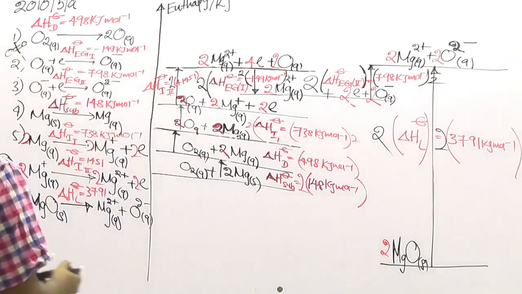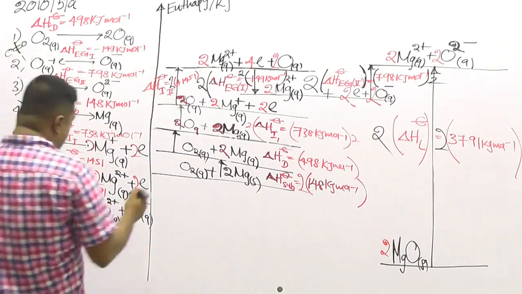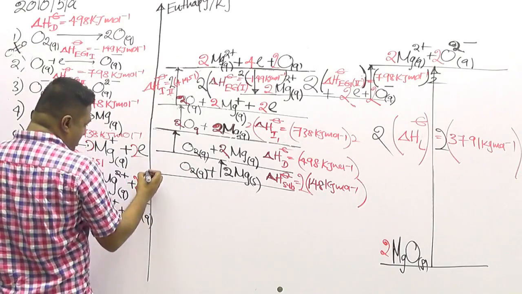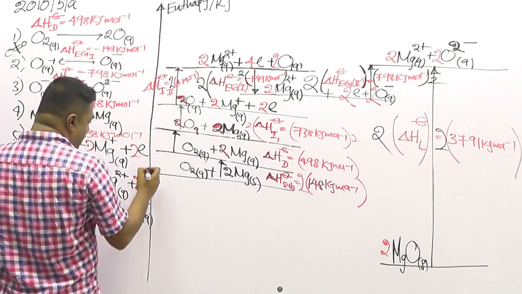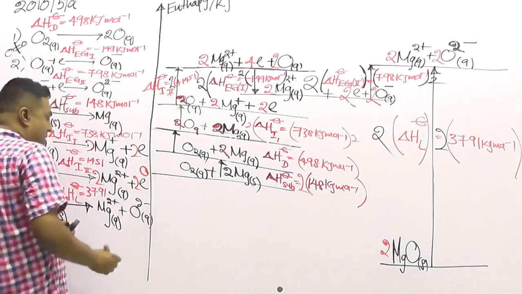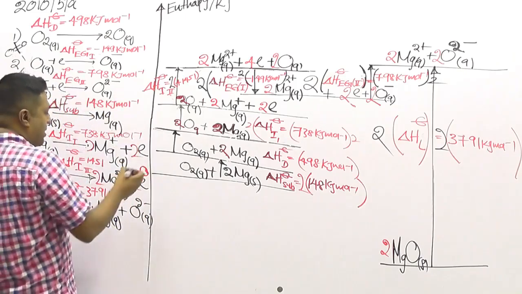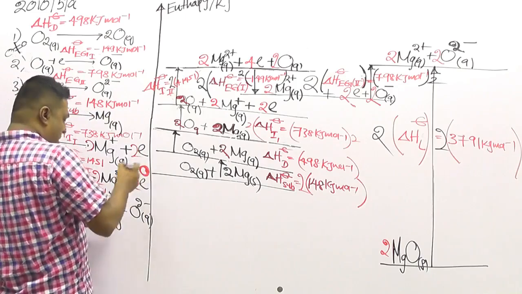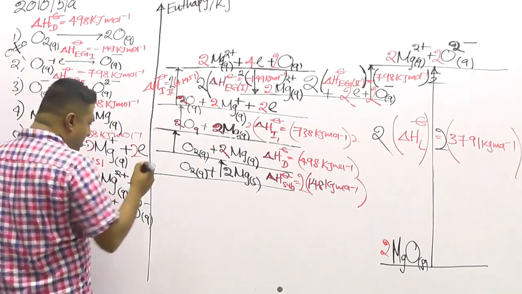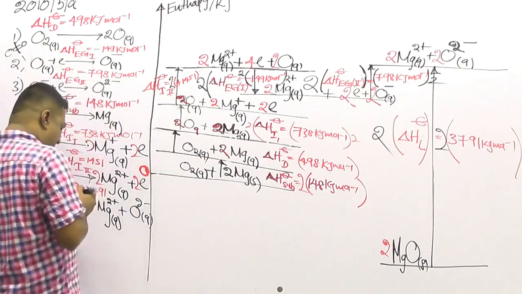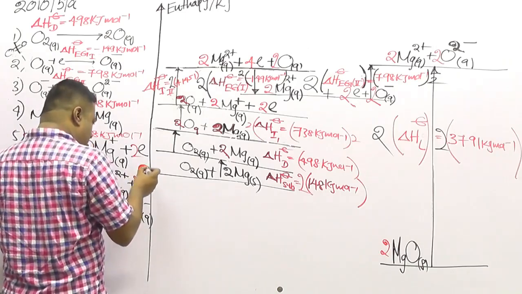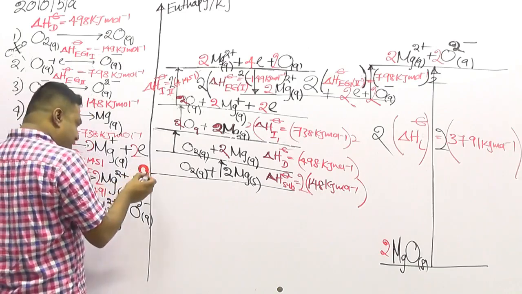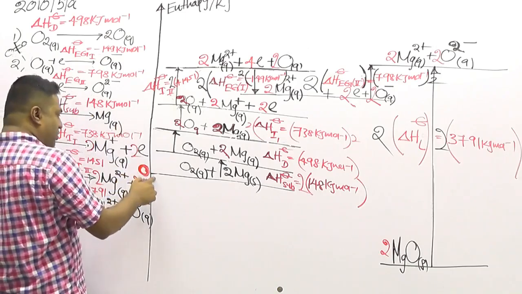The enthalpy value of elements at standard temperature and pressure is defined as 0, so it is 0 here.